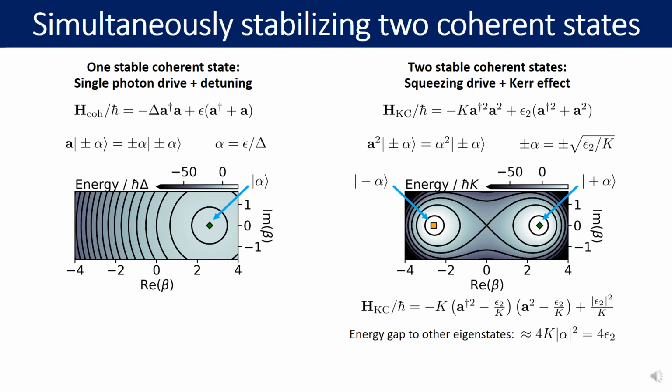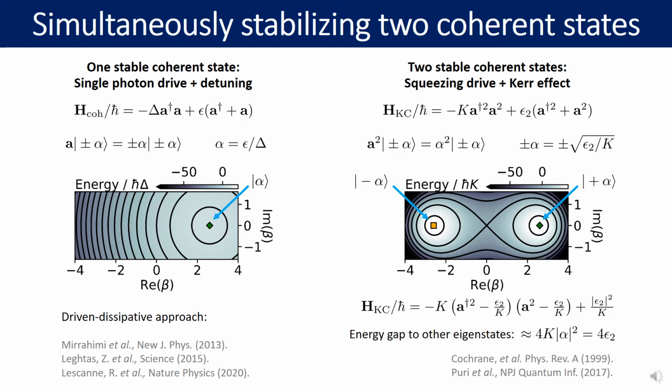Now, let me mention that there's a different way of stabilizing these coherent states, which is based on the interplay between a 2-photon drive and dissipation, and there have been some really exciting recent results on this. But what we'll focus on here in the rest of this talk is this purely Hamiltonian approach, which has been originally predicted about 20 years ago and has been implemented in this experimental work for the first time in order to stabilize an error-protected qubit.